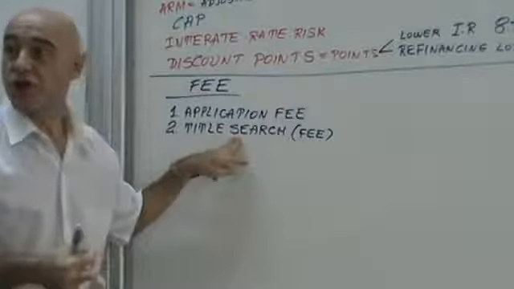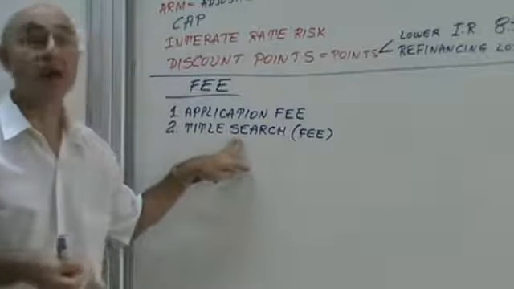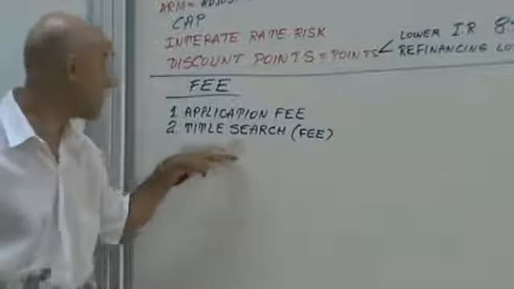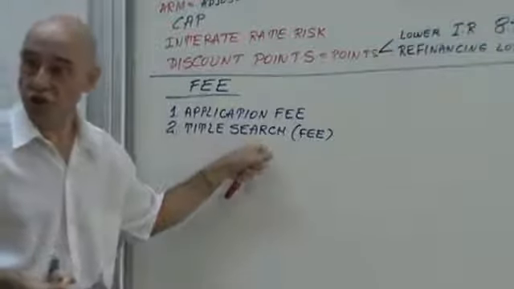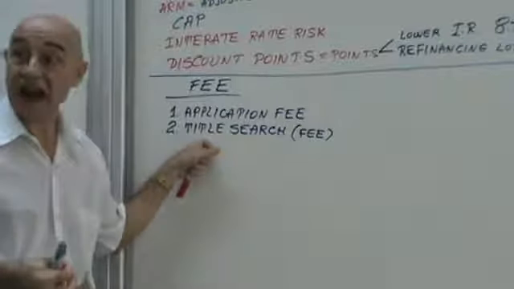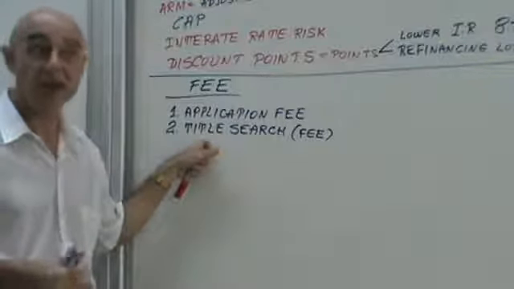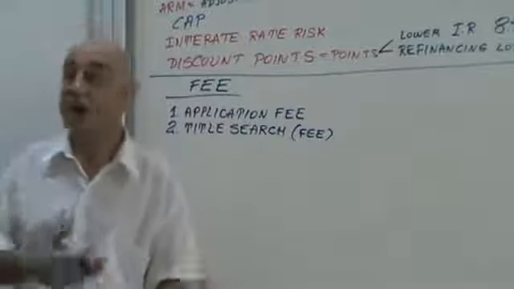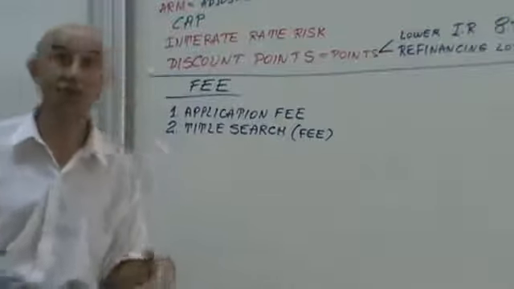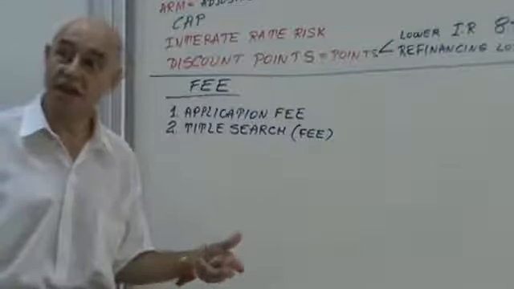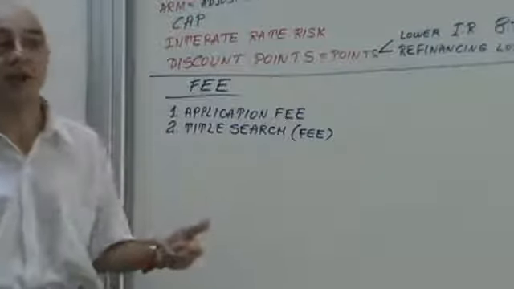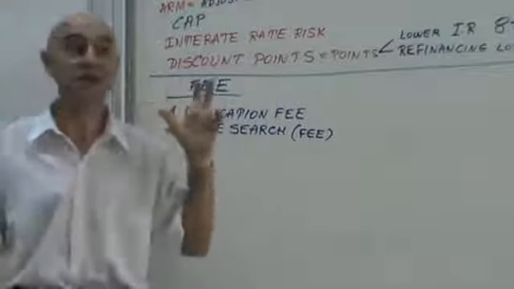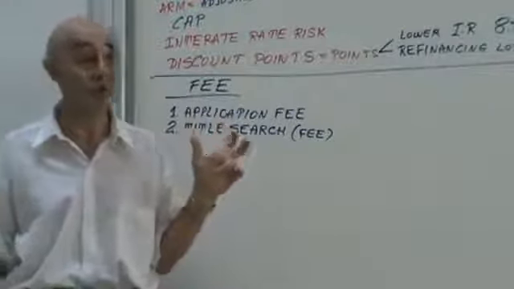A title search means that the bank or a bank clerk will go to the county recorder's office and they will search and check for the title of the property and confirm whether the title is free and clear, if there are any other mortgages, if there are any liens or any claims. In other words, you want to see what is the legal status of the property.